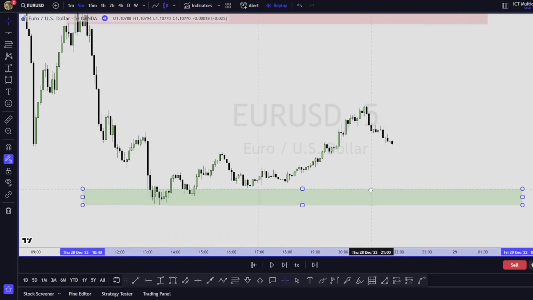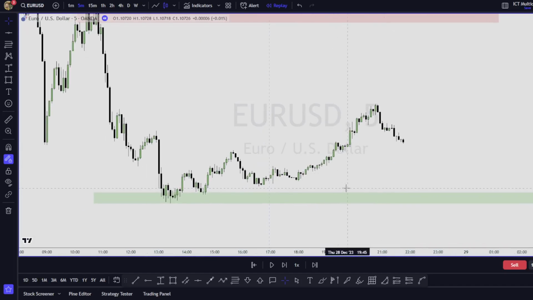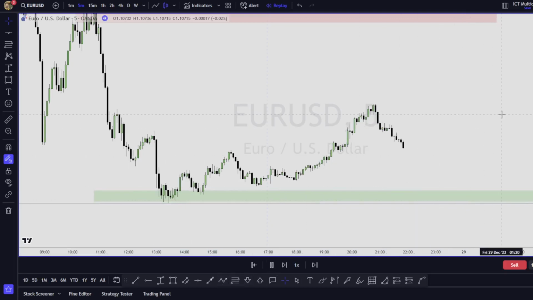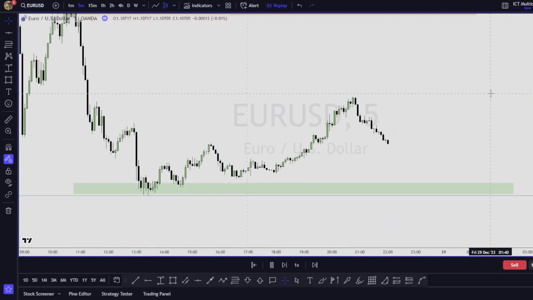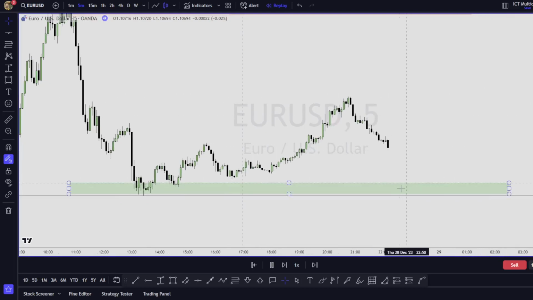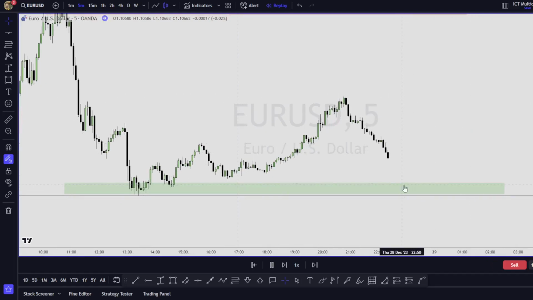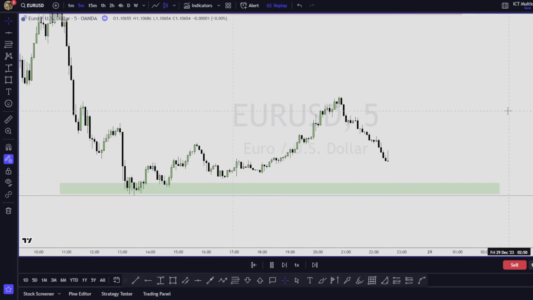If we enter a trade near this zone, what is your stop loss point? Stop loss is previous week. So keeping that in mind, if price reaches this zone, we are going to enter a buy trade.